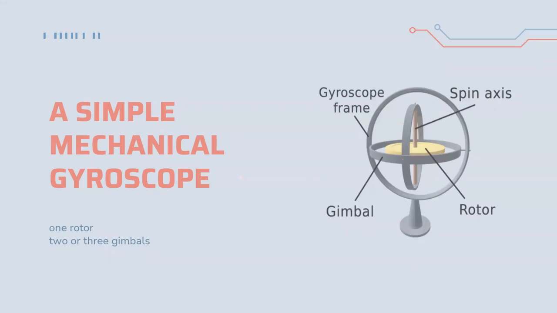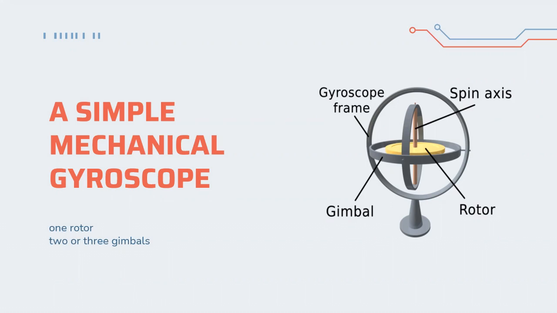A gyroscope always has one rotor and two or three gimbals. This is a gyroscope that consists of a spinning mass with a high angular vector that rotates about a fixed spin axis. The rotor is mounted into three gimbals which can provide support.